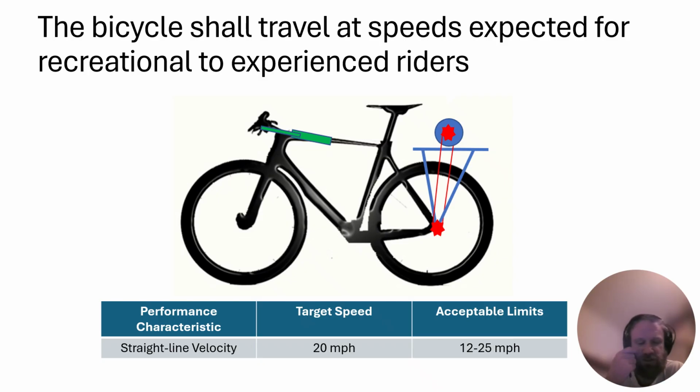Further consideration and definition of this statement, I think, would be useful. So take that into consideration as you look to define the different performance characteristics and constraints of your project.